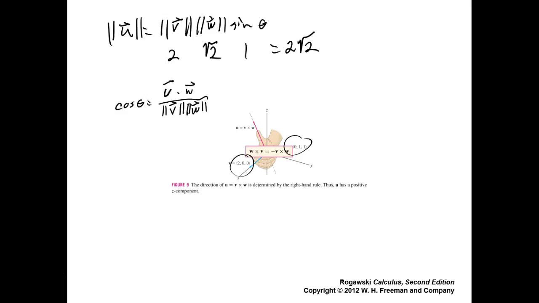All right. We also, let's see, it says U points in the positive Z direction, at least somewhat, and the Z component is positive is what they mean by that, okay, just by looking at that.